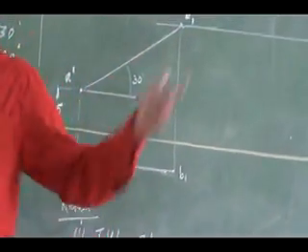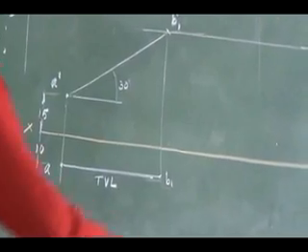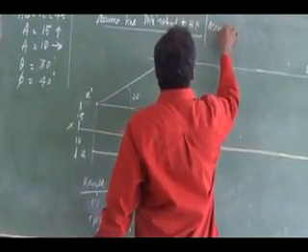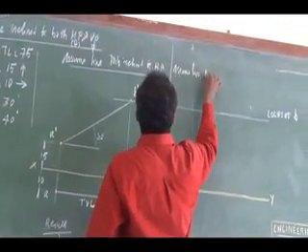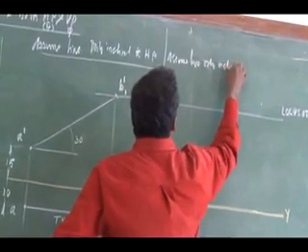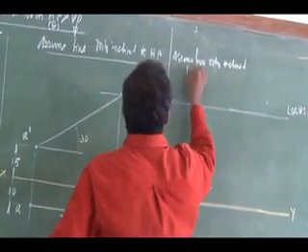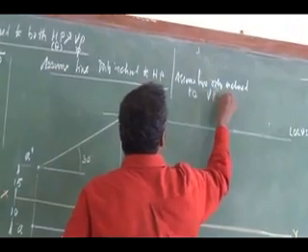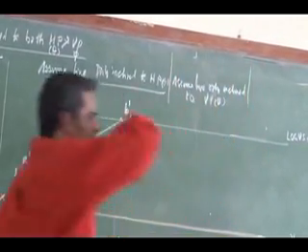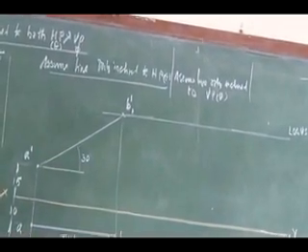Now we will go back to the next assumption. I can assume the line is only inclined to VP. In this assumption, the case will be like this.